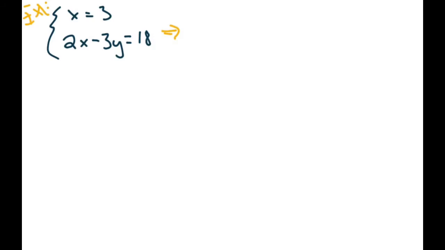I see there's a 2 and an x, so that's 2 times 3. I'm replacing every x with the 3, and then I'm going to have minus 3y. I didn't substitute anything in for the y because we only know x equals 3. So I'm only going to replace my x's, and then we have equals 18.